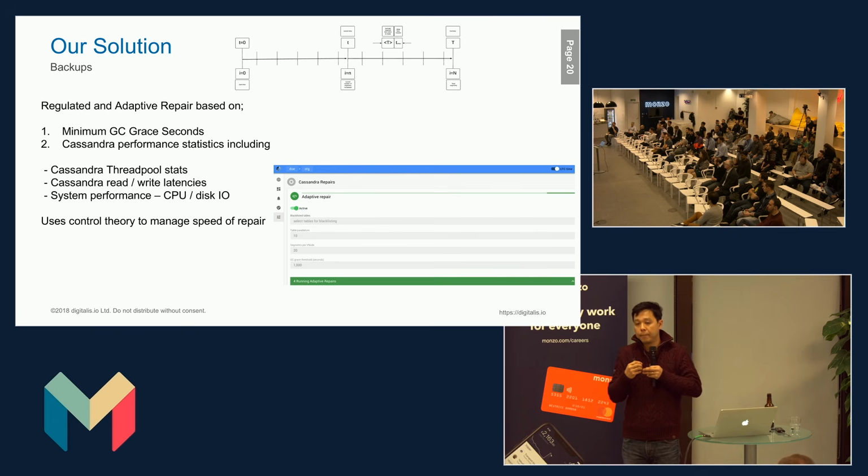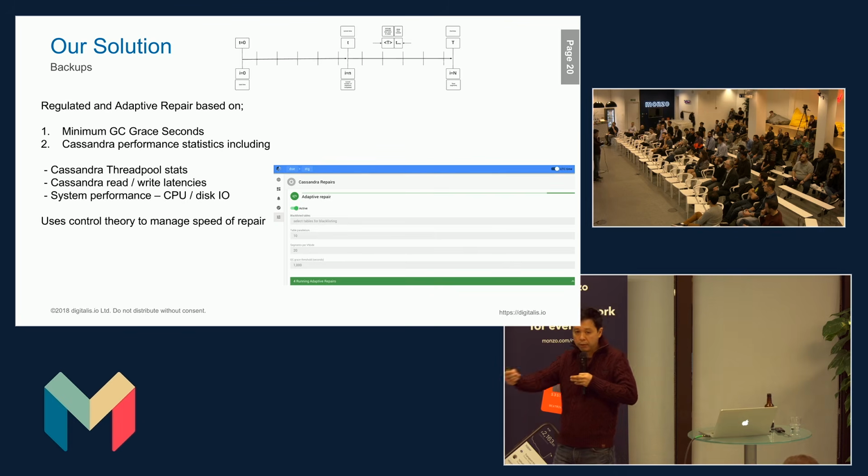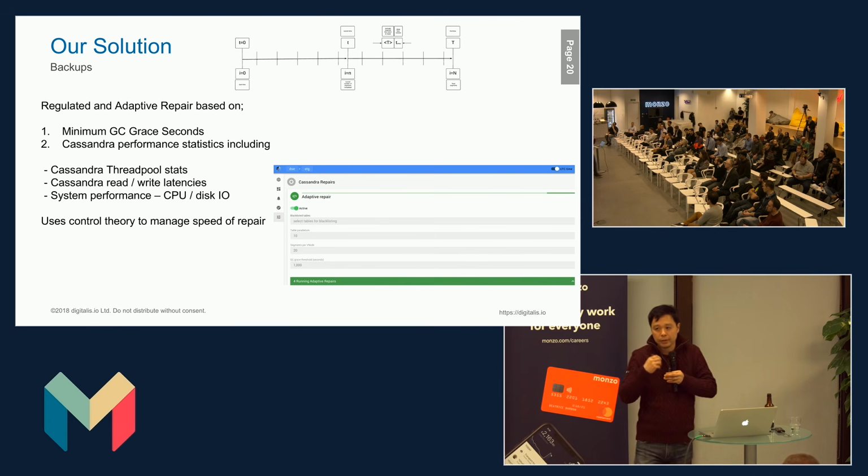Okay, so Reaper and other repair mechanisms are not aware of the performance of the cluster. Whereas because we're collecting the metrics, we can understand the state of the cluster and then tune the speed accordingly. So we call it adaptive repair.